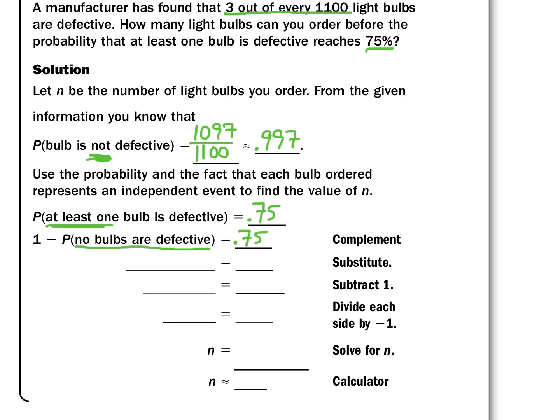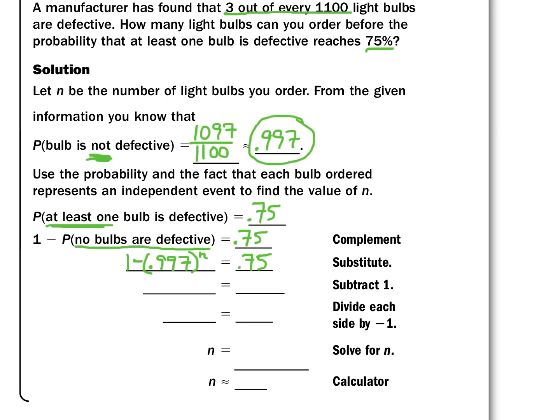So now if I substitute what I know, 1 minus, well, no bulbs being defective is the 0.997, so 0.997 raised to the nth power, because of the n number of light bulbs, is equal to 0.75.